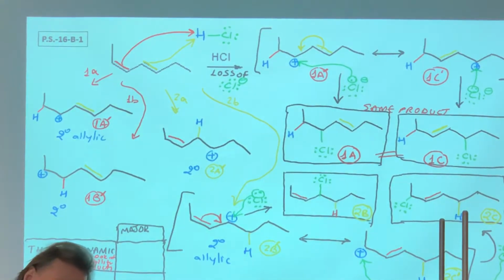So if you look at those three boxes, remember 1A and 1C are the same. So you look at the double bond. Let's look at 1A: the double bond has one substituent and another substituent, a hydrogen on each side, so that's 2. This one here has 1 and 2, also the same.